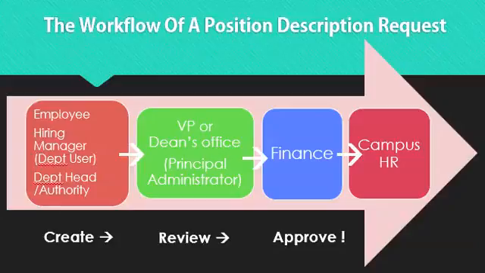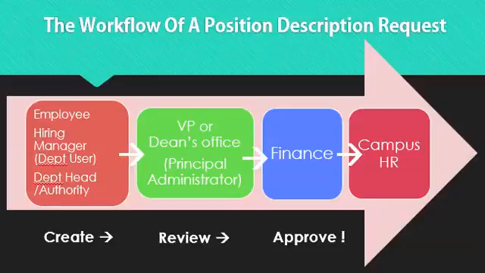Hiring managers or department users can also see, and subsequently can only make changes to, their direct reports and positions that they have been assigned to or created themselves. Department authorities have access to all positions in their department or org. They can also initiate a new posting or create.